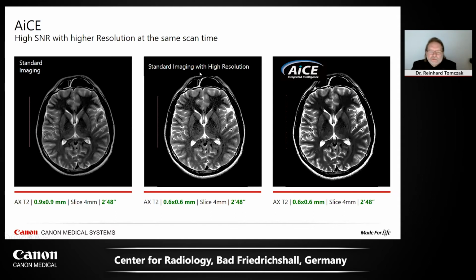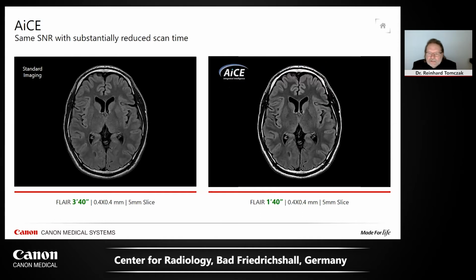If you increase the resolution from 0.9 to 0.6 in-plane resolution of the voxel, there's the same time, but the image is becoming much more noisy. You can see this easily here. And if you do it with AiCE, the same stuff, in 2 minutes 48, at the same in-plane resolution, you have relatively clear and good delineated images of the neurocranium.